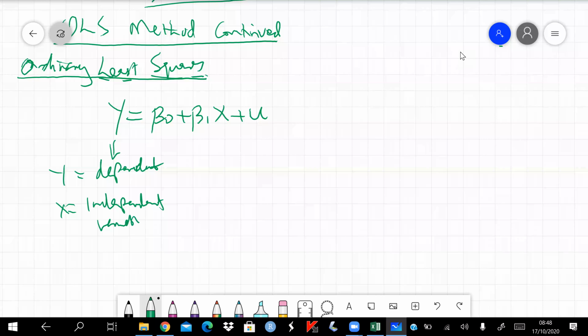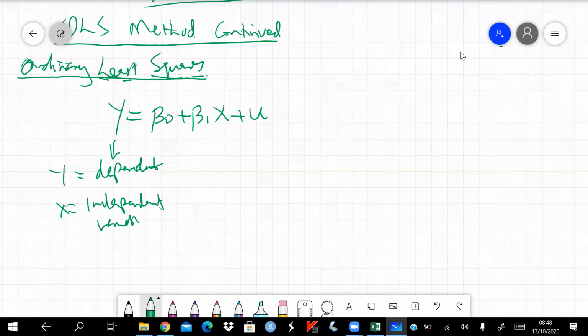For your model to be good, whatever is plugged into the residual should be as small as possible, almost negligible.